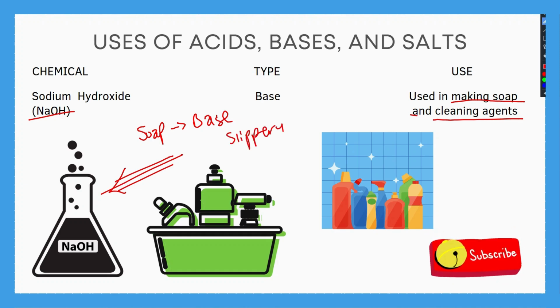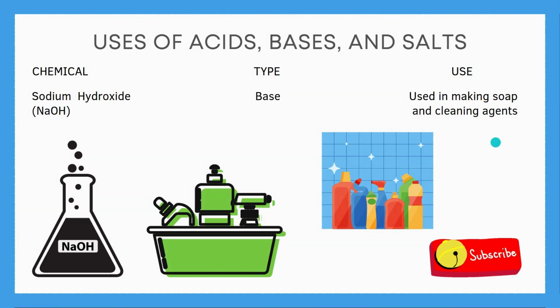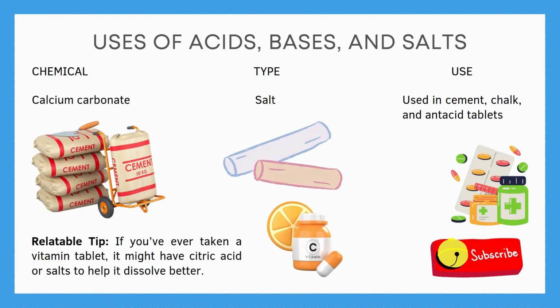If you have ever had the chance of holding the pellets of sodium hydroxide, because it comes in the form of a solid, you would notice that whenever it makes contact with water, it becomes very slippery. And sodium hydroxide is the base that is used in making soap. That is what makes soap slippery. So these substances do not just apply to chemical laboratories, they also have applications in our daily lives.